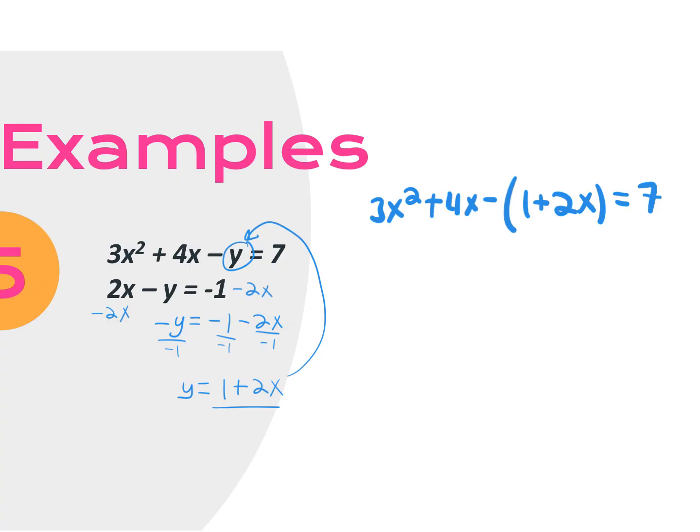We want to make this look a little bit simpler. How can we do that? Let's take that negative outside the parentheses and distribute it to get rid of the parentheses. And then we end up with 3x squared plus 4x minus 1 minus 2x equals 7.